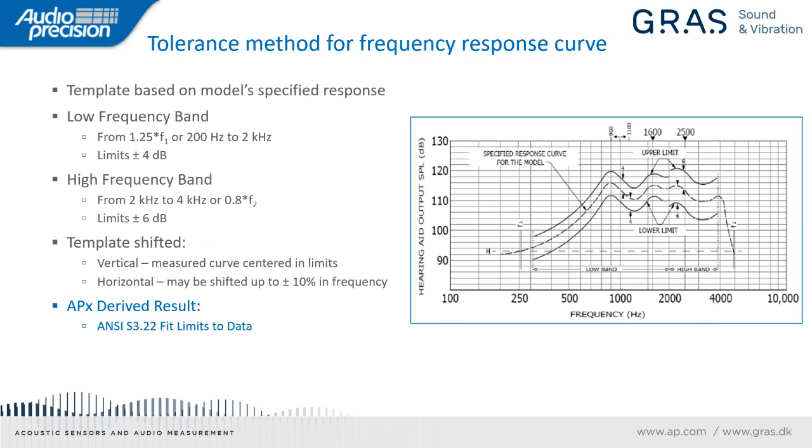So of course today no one uses transparencies, and this is all done via software. We have a brand new derived result in the APX software called ANSI S3.22 Fit Limits to Data, and I'll show that during the demonstration later on.